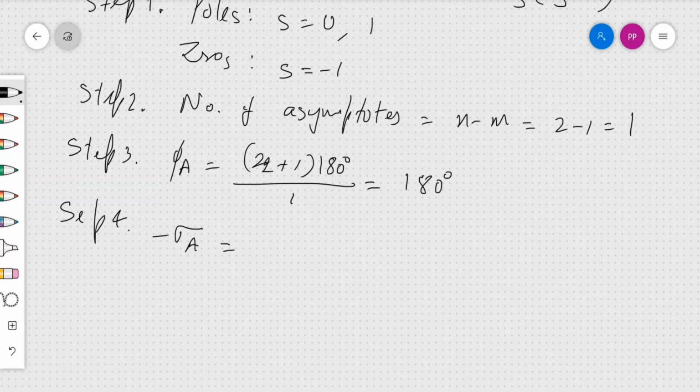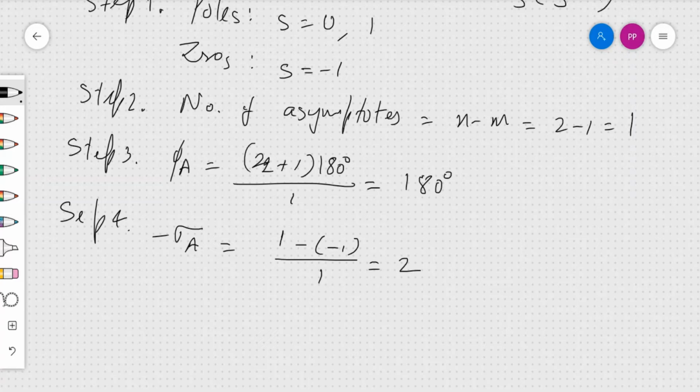So the sum of the poles is 0 and 1, which is 1, minus the sum of the zeros, which is minus 1, divided by 1. So this is equal to 2. So we can understand that the centroid will be on the positive side of the real axis, at minus sigma equals 2.